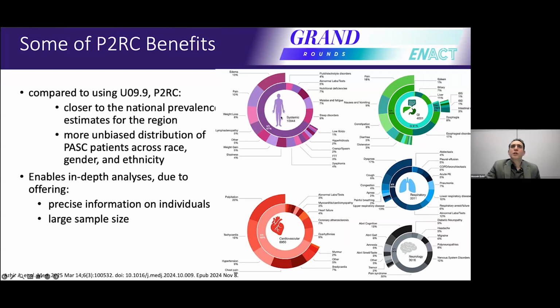The outer circle is the signs and symptoms. I think SNS is signs and symptoms, and then there's sleep disorders, malaise and fatigue. And these are all symptoms that were associated with the original PASC diagnosis, right? Exactly. Or the original COVID diagnosis. Great. And then, sorry, what's the outer circle? As I said, there are different levels.